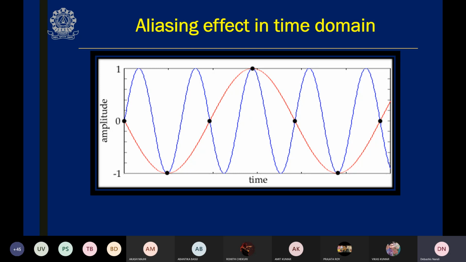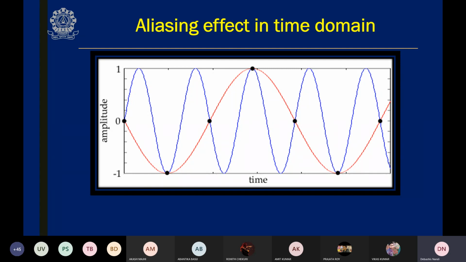If I give you only these sample values, someone may say the original signal was blue, and someone may say no, the original signal was red. Which one was the original signal? That is the problem.